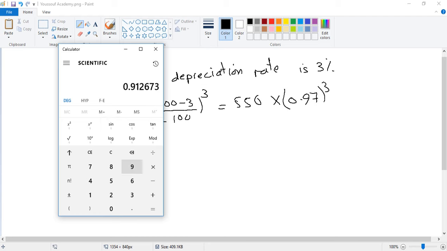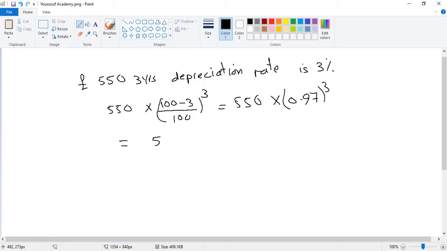The answer is this. And then we multiply that by 550, and the answer will be 501.97 pounds. So 550 is being depreciated over 3 years to 501.97 pounds. This is a question we normally use in depreciation.